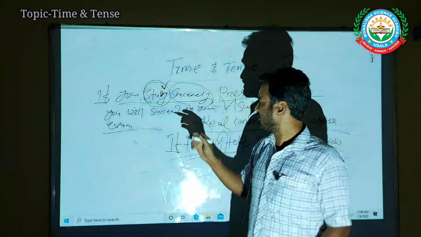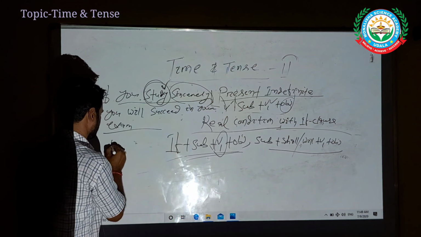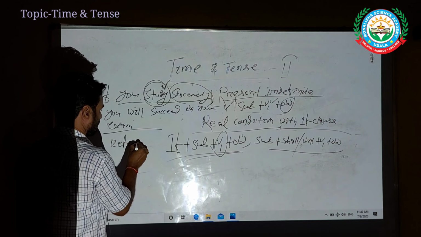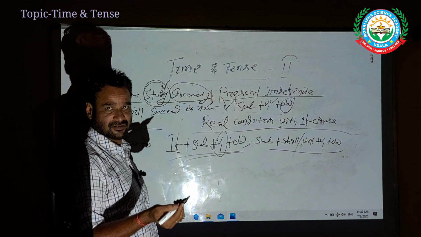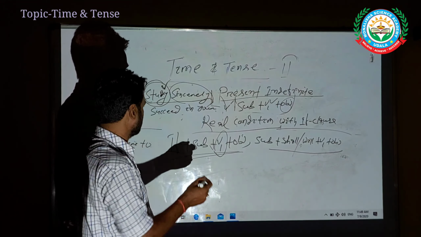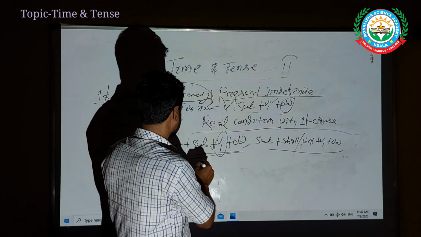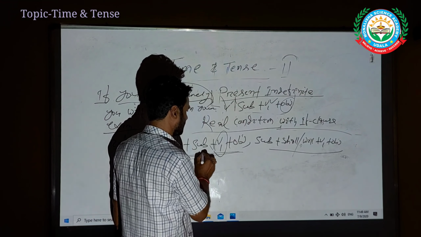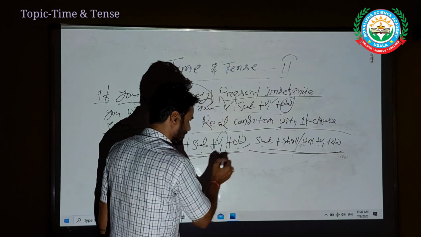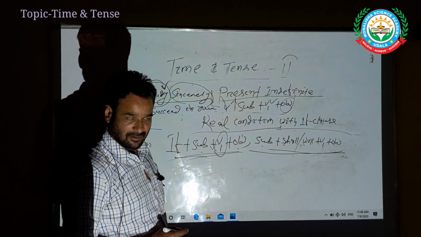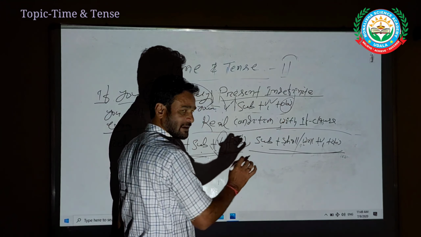This sentence refers to, of course, a future time action. So this structure, if subject V1 object, subject shall or will V1 object, is applicable both to express present time action and future time action.